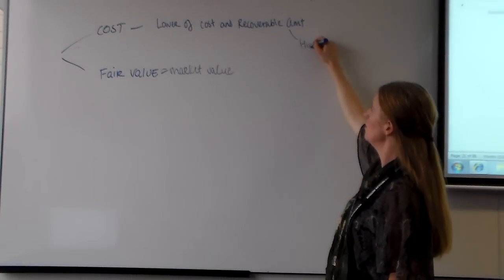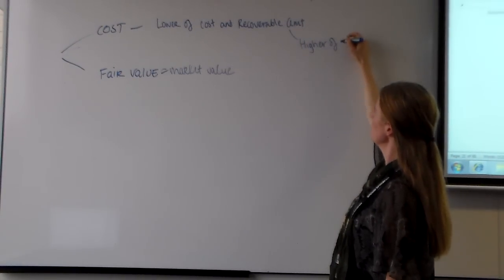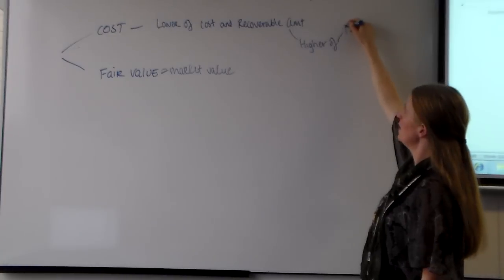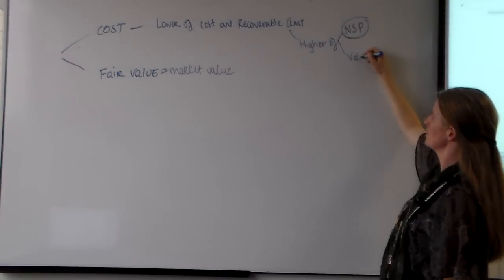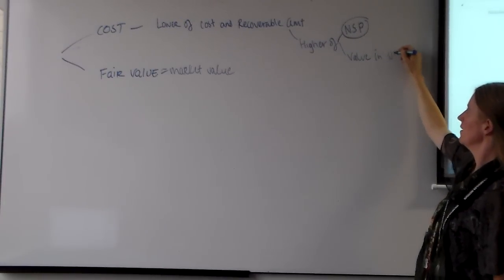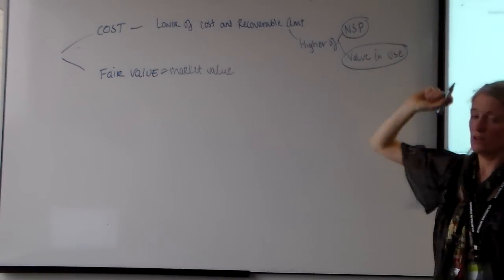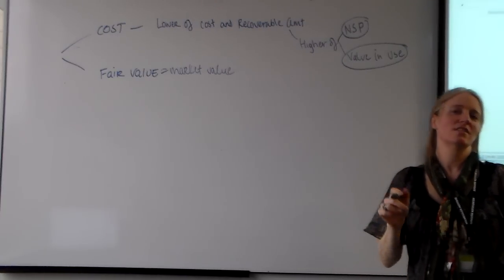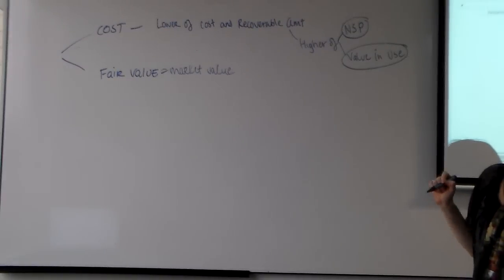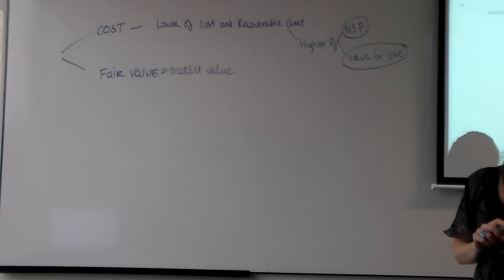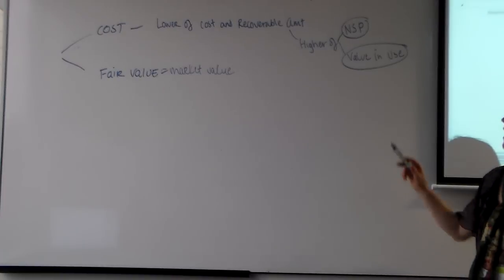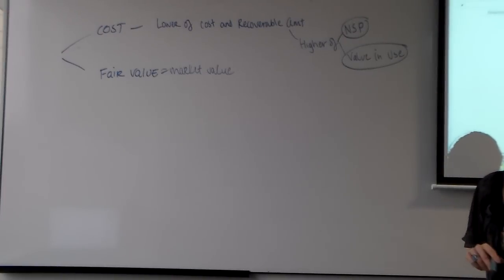It's the higher of net selling price and value in use. So if you're using a cost method, you must always make sure that it's recorded at the lower of cost and recoverable amount. And we did some examples last time I saw you, I think.